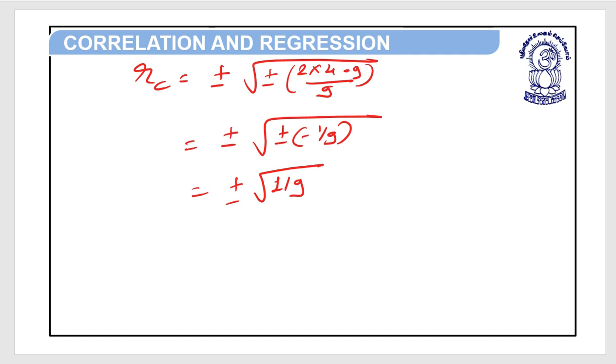So minus 1 by 9, under root of 1 upon 3 square, it becomes minus 1 by 3.